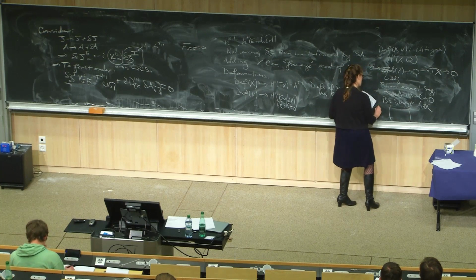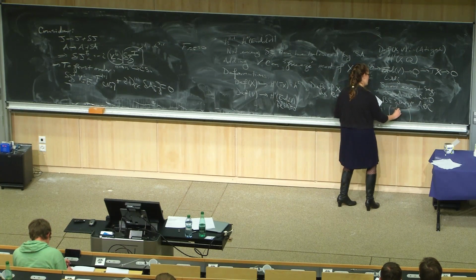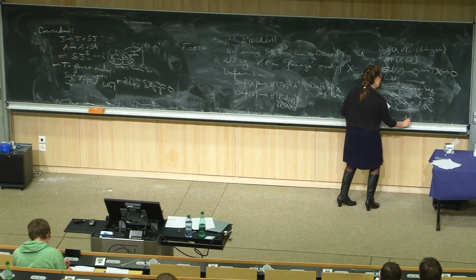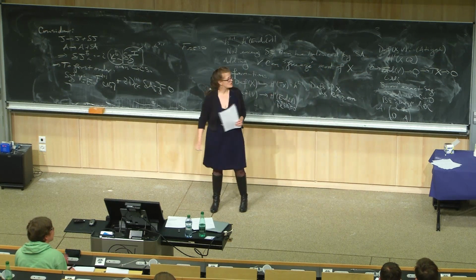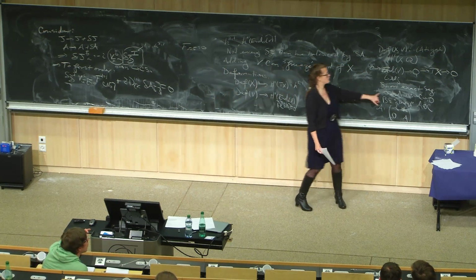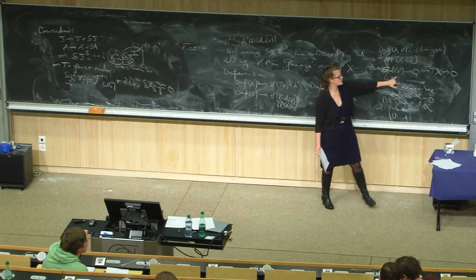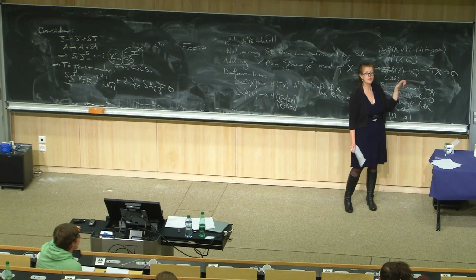Basically, the connections look like A, C, and then something off diagonal. That's what these short exact sequences look like. So there is a connection which glues together non-trivially the gauge fields and the tangent bundle over the manifold.